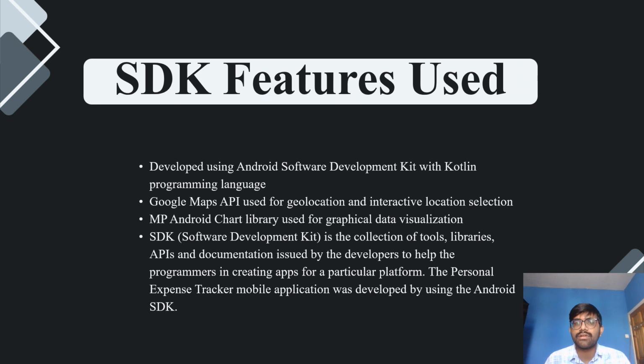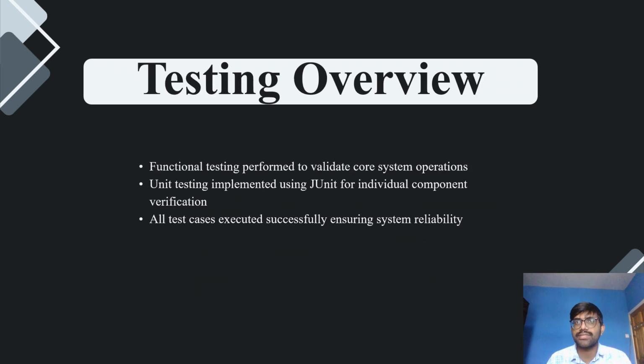Developers can use these SDK features to create apps for a particular platform. This personal expense tracker mobile application is built with the Android SDK as well. These are the SDK features we have used in this system.